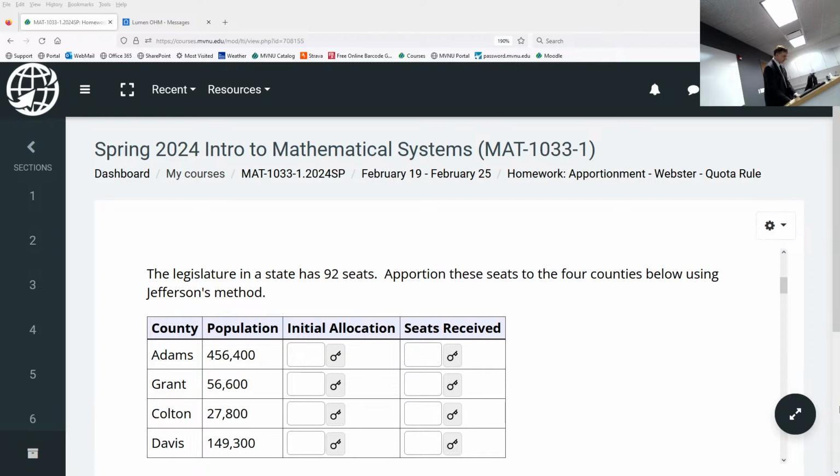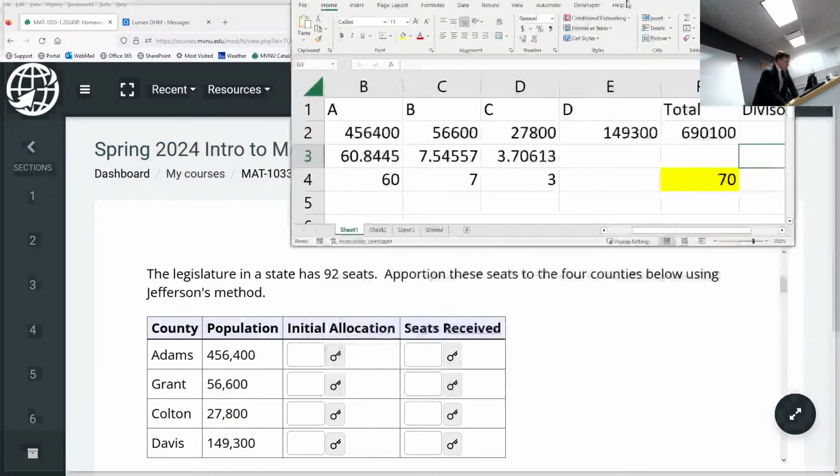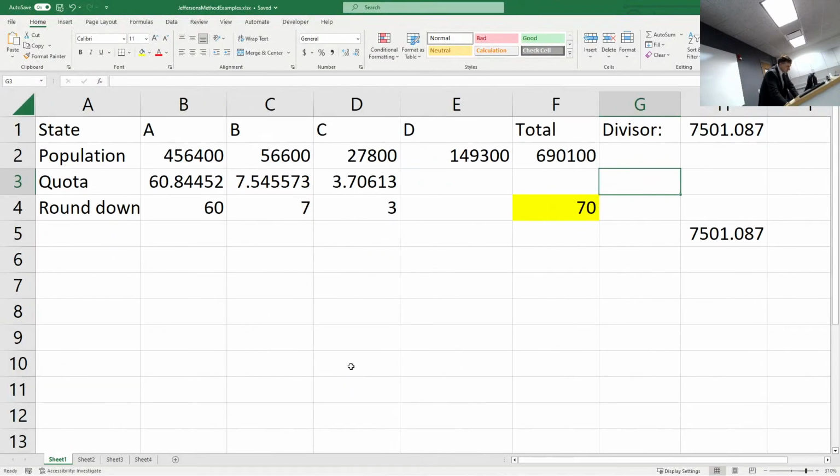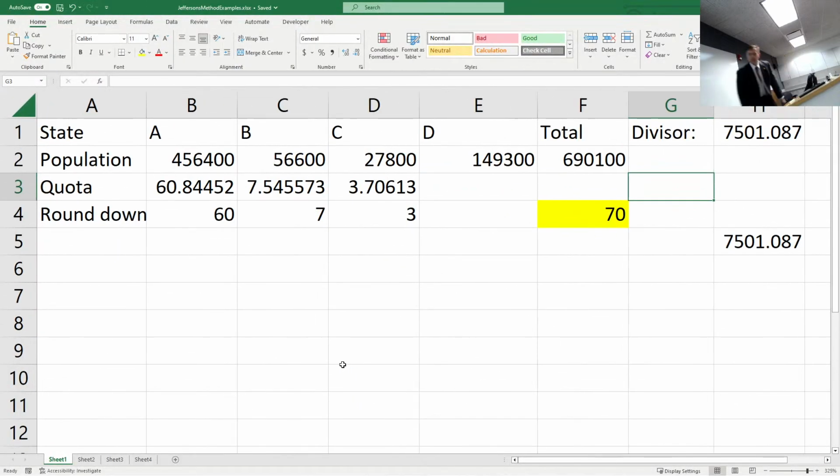Okay, so let me explain what I've done up here. Oh, it's on the screen. I need to move it over. So here's what I've got with my handy little calculator. Zoom in just a bit. So I've got the different states. Oh, I need to get that fixed. Just a sec.